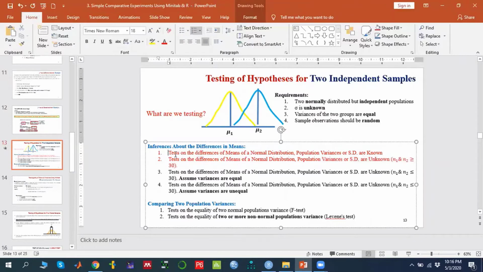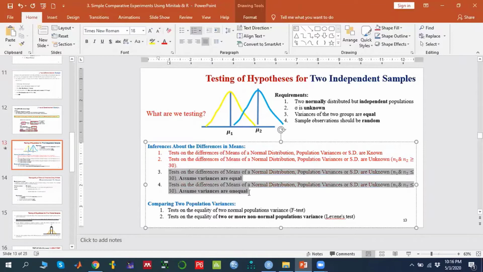In real scenarios both cases are quite tough, so in most cases, whenever the population standard deviation is unknown, whatever the sample sizes are, we can apply the t distribution, or you can say the t test.